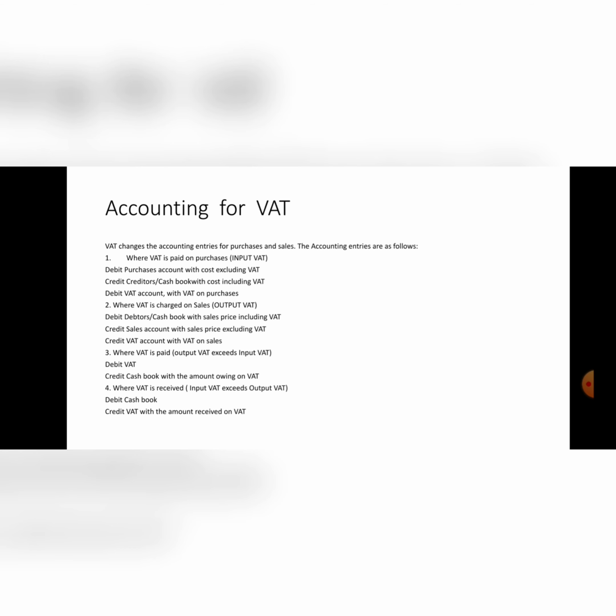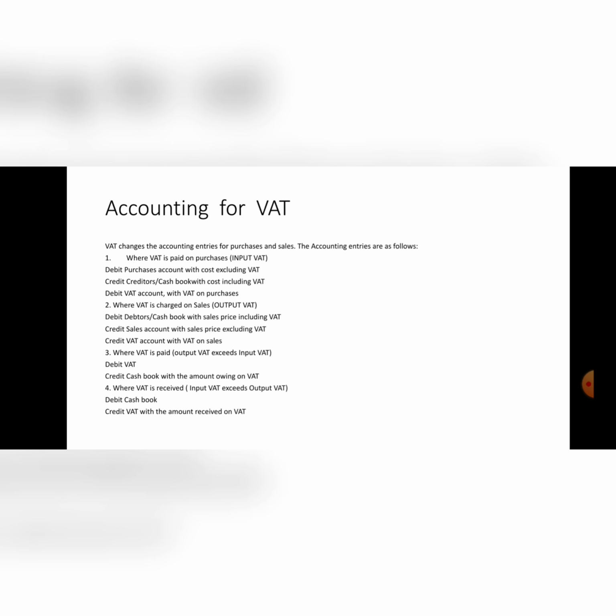And you also debit VAT account with VAT on purchases.